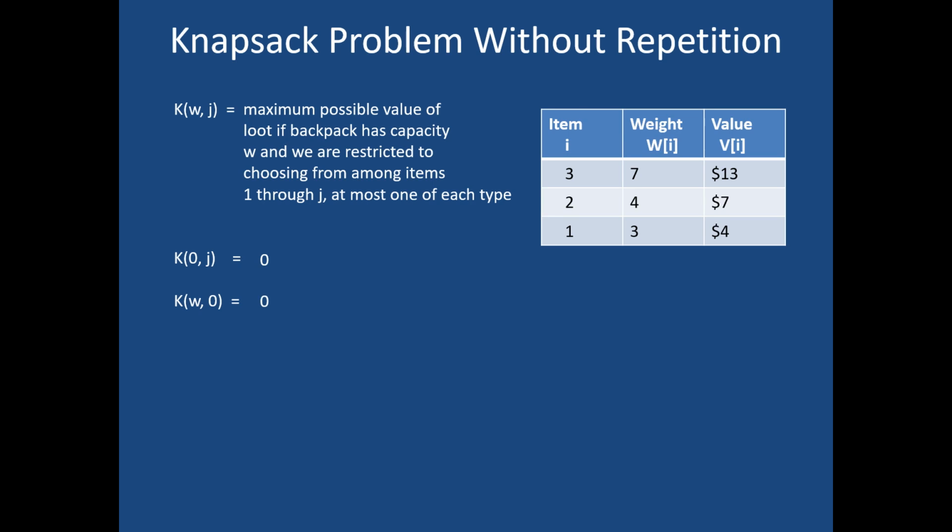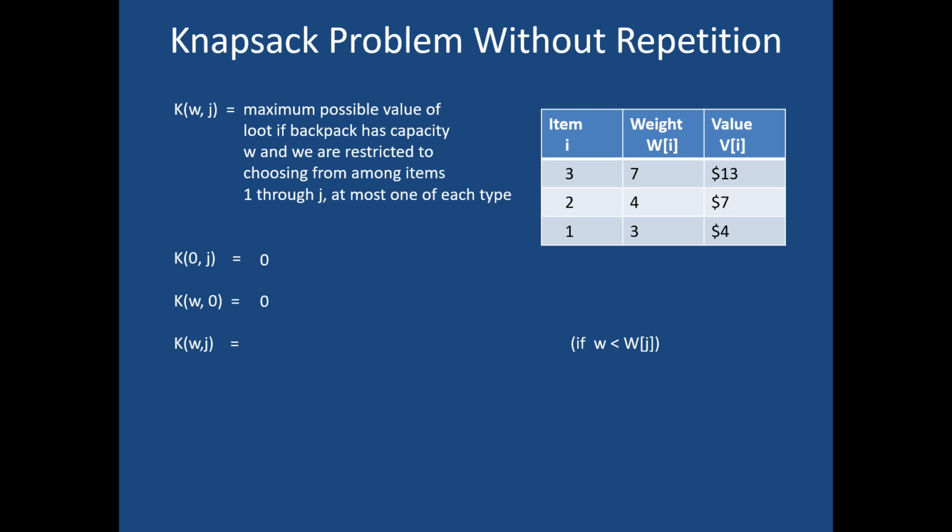If you're not able to pick anything, okay. Now this is the recursive case. We're going to define k of w and j. So you're allowed to pick items 1 through j, and we're going to assume that w is less than w sub j. Okay? And what does it mean when little w is less than w sub j?